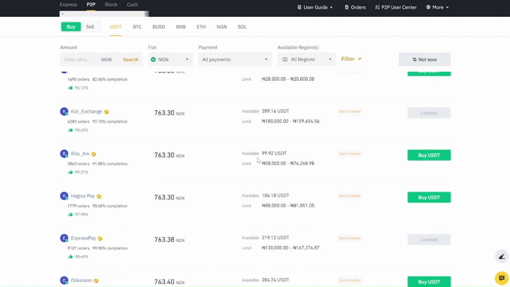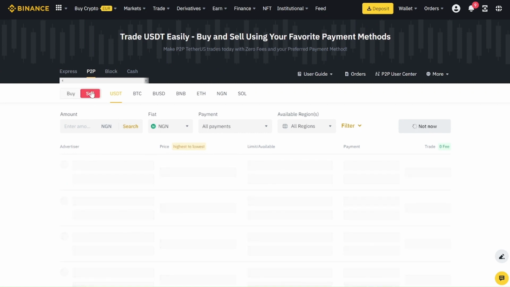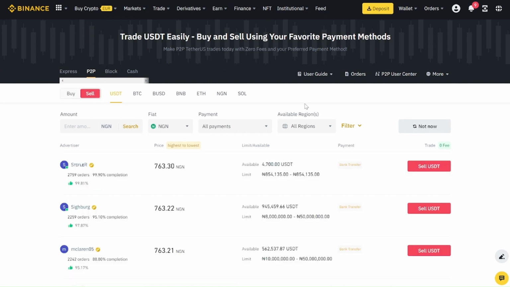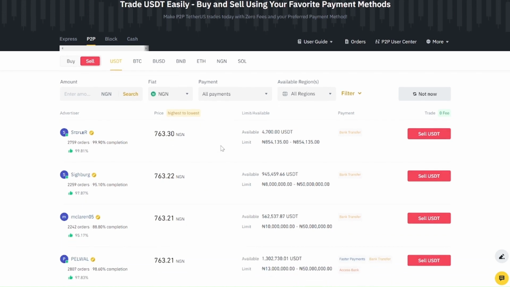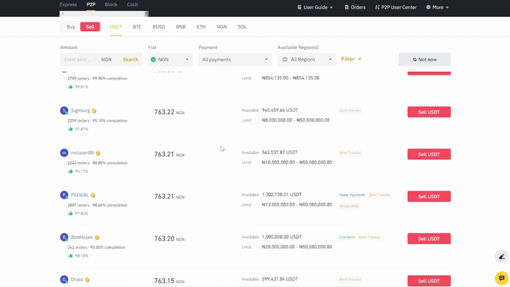So as you can see, this is the buy order, and these guys over here are selling to anyone who wants to buy on Binance. And right here, this sell option: if you want to withdraw your funds on Binance, you're going to come to this level over here to sell your USD, because you want to withdraw to these merchants over here.